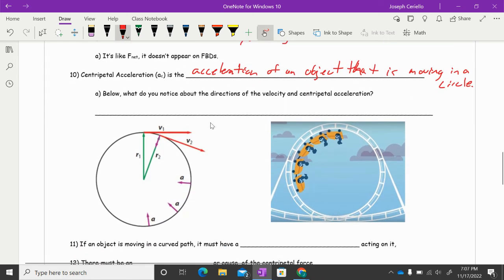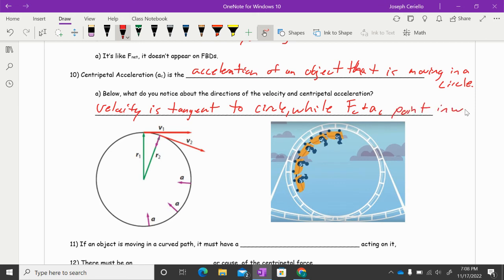So what you'll notice here about the directions of velocity and centripetal acceleration and centripetal force. Velocity is tangent to the circle, while F_C and A_C point inward. So notice how the centripetal acceleration here always points to the middle.